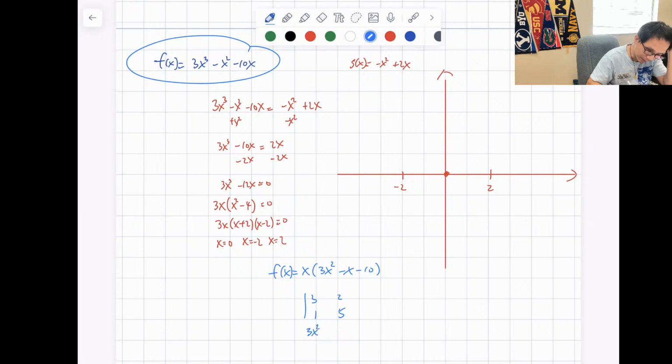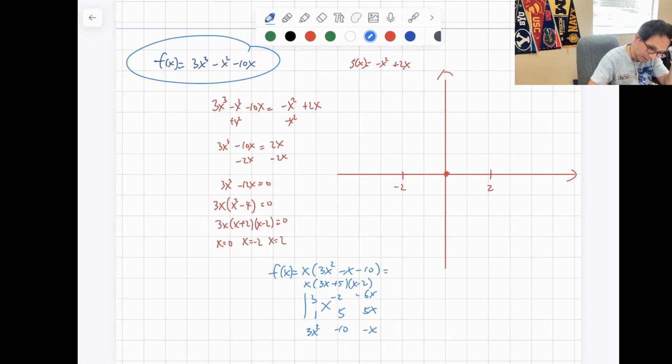First, last, middle. This one's going to be 6x. This is 5x. Which one needs to be negative? 6. 6 and 2, right? So it'll be equal to x times 3x plus 5, x minus 2.